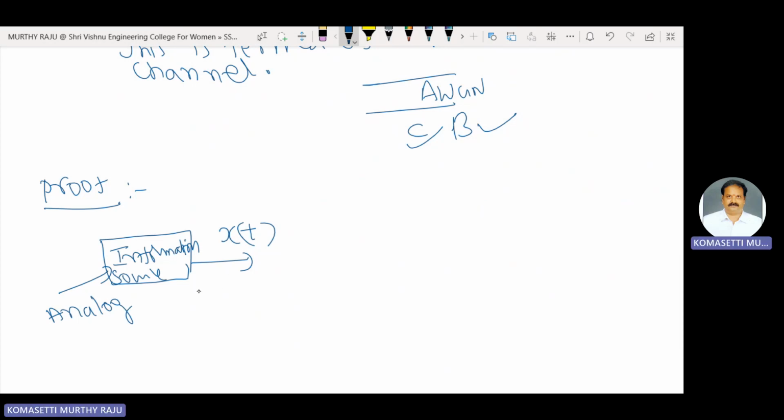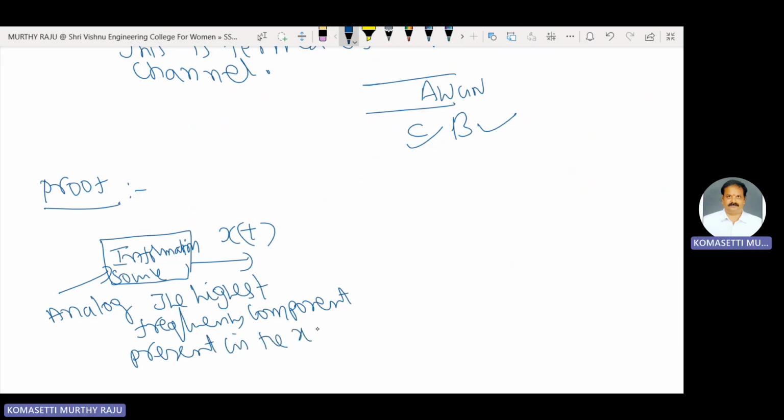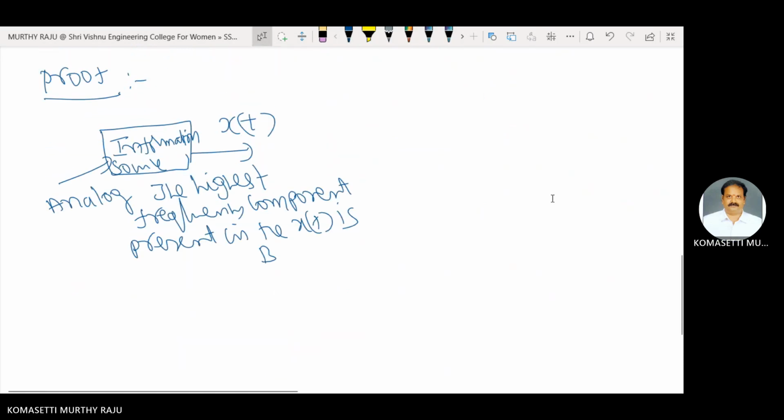The highest frequency component present in x of t is B.